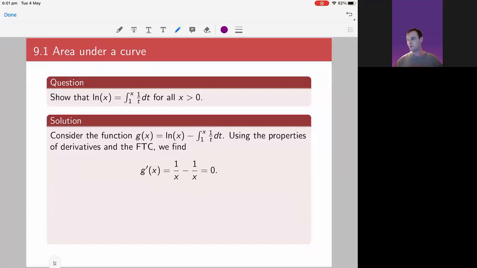Hello again, everyone. So before we get back into this question, I wanted to address a problem that came up last time, and that was the question of how does one communicate in the chat using integrals.